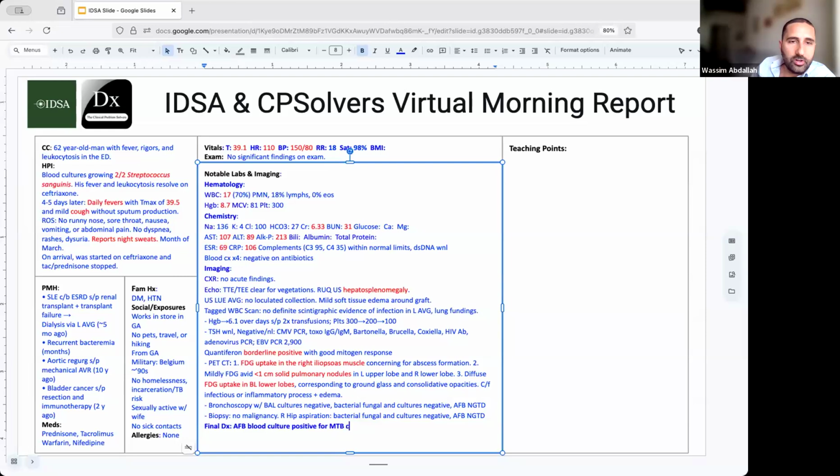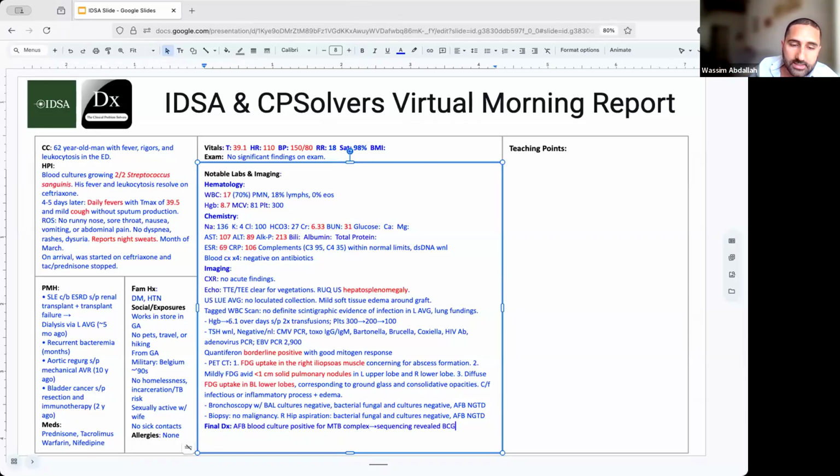So Mycobacterium tuberculosis complex, as you said, has within it multiple organisms, including Mycobacterium tuberculosis itself, but also Mycobacterium bovis. And after we did sequencing and testing on it, it came back as actually BCG. So it was the BCG itself that was sent.